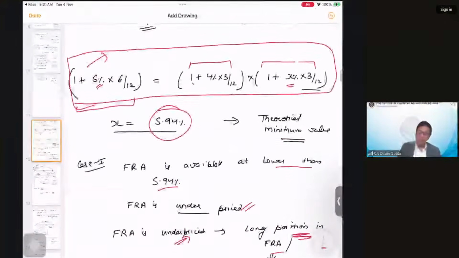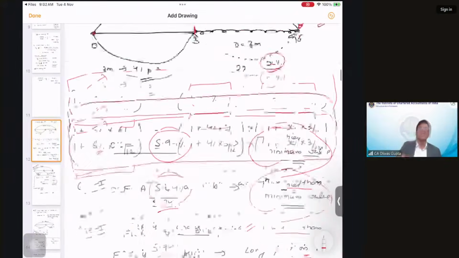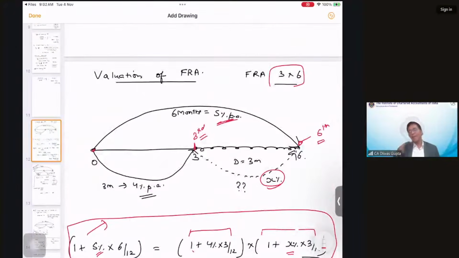So using this theoretical minimum value, you can see whether your FRA is underpriced or overpriced. If it is underpriced, then you need to borrow. If it is overpriced, then you need to invest. And the opposite position you need to take for the entire period of 6 months.